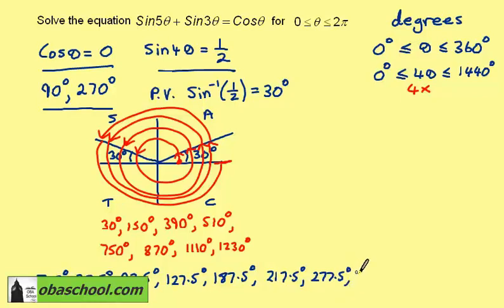And finally, 1230 divided by 4 is 307.5.